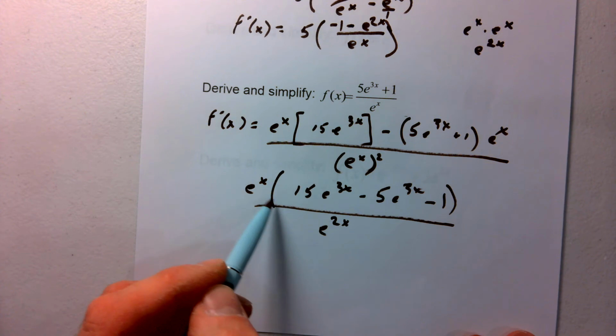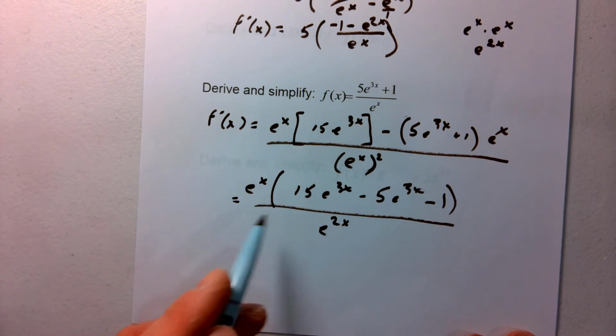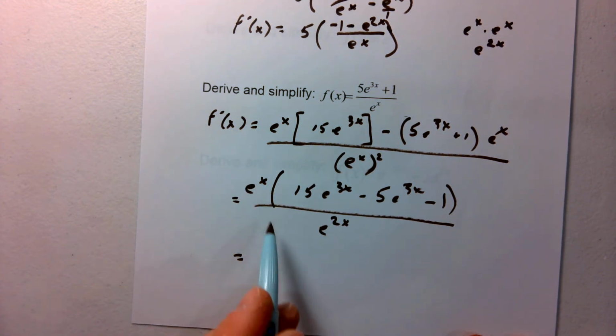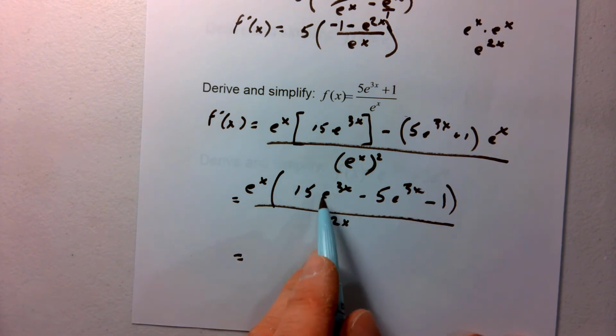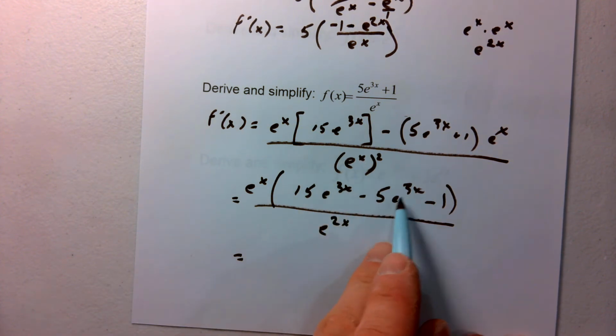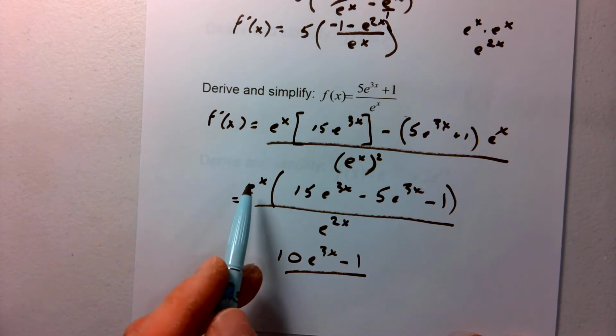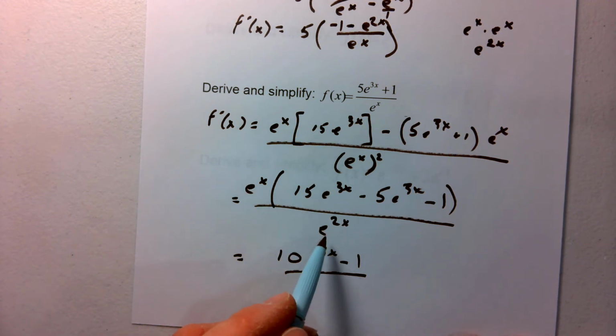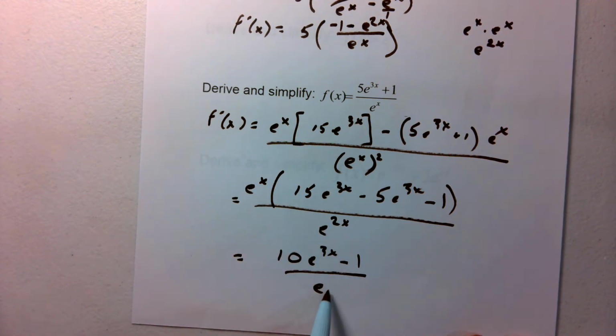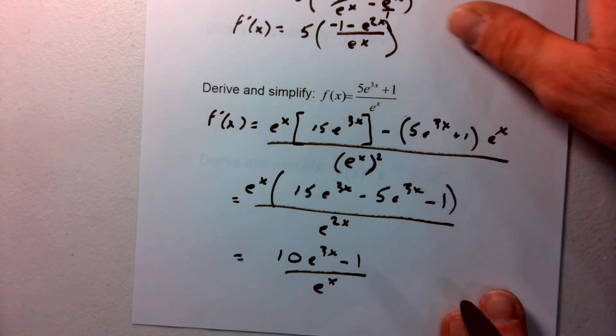I can now go ahead and cancel an e to the x out of the numerator and denominator. So I'm going to be left with that 1. I'm going to go ahead and clean up my numerator as well. 15e to the 3x minus 5e to the 3x is 10e to the 3x minus 1 over, when I cancel out an e to the x in numerator and denominator, I'm going to be left with e to the x in our denominator. And that gives us our simplified answer.